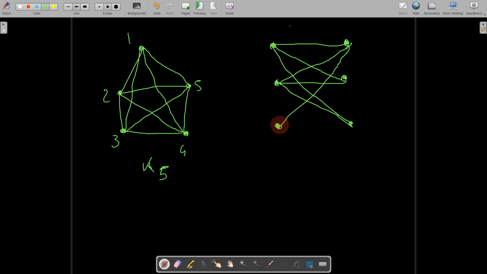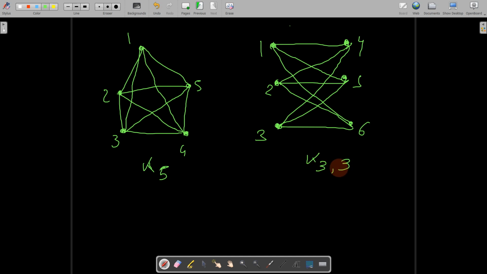Don't try too hard because you will not be able to draw it on a sheet of paper. If you want to draw it on a sheet of paper, always some edges will have to cross each other. Okay. So this is K33.